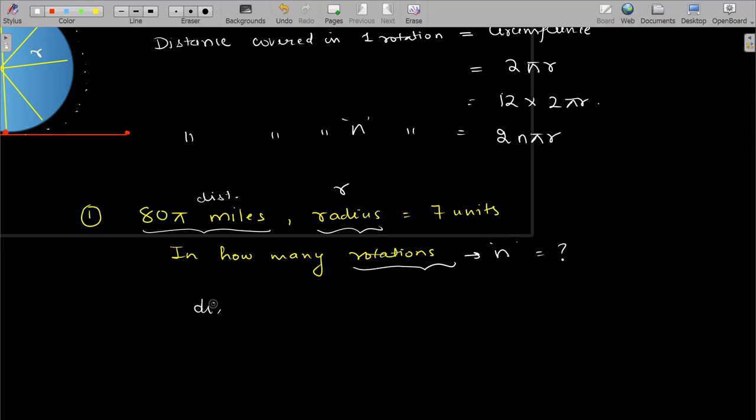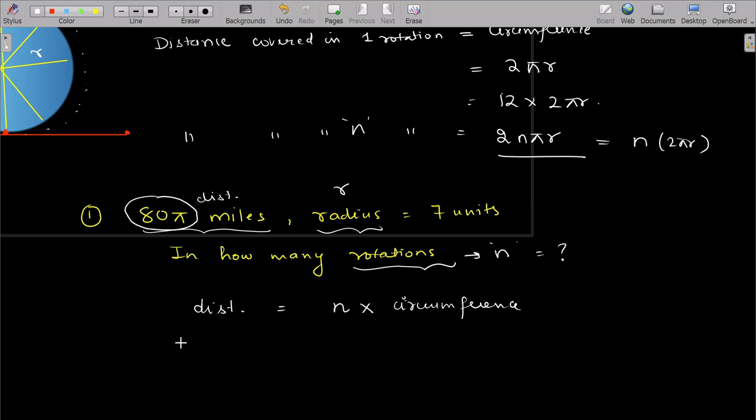So see, what should you do instead? This total distance in n rotations is given by n times the circumference, right? That's what we wrote, n times the circumference. And this distance is given to us as 80 pi. So I can write 80 times pi is equal to n times the circumference.